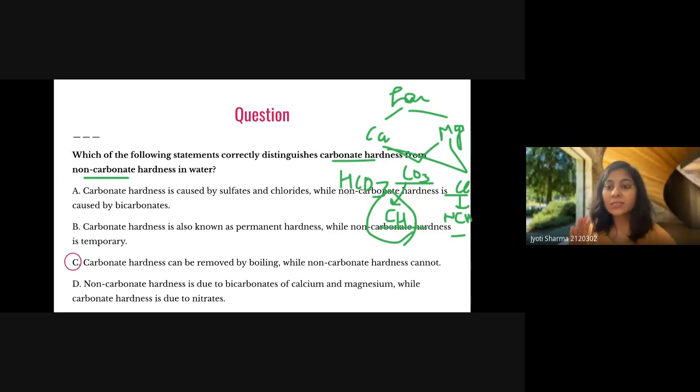Carbonate hardness is very temporary. Whenever you boil, this will break down and precipitate out, and we can remove that hardness. That's why it is very important to boil the water, so that the hardness precipitates out, settles at the bottom, and we can remove it. So carbonated hardness is temporary in nature and we can remove it by boiling.